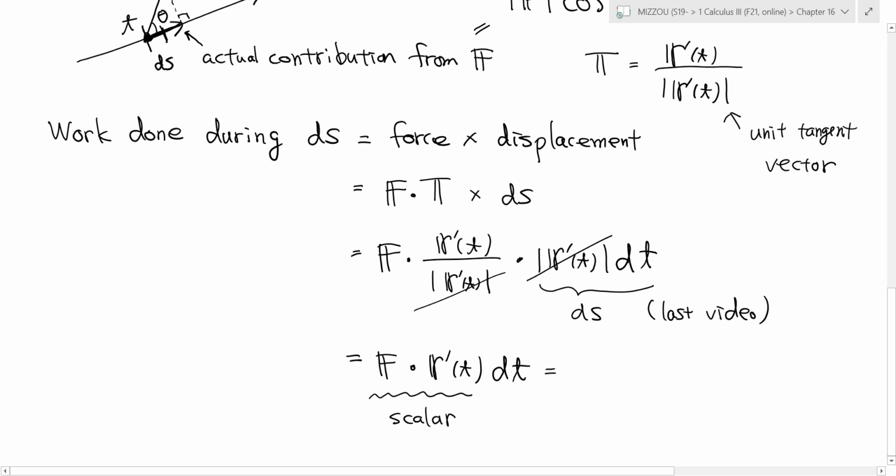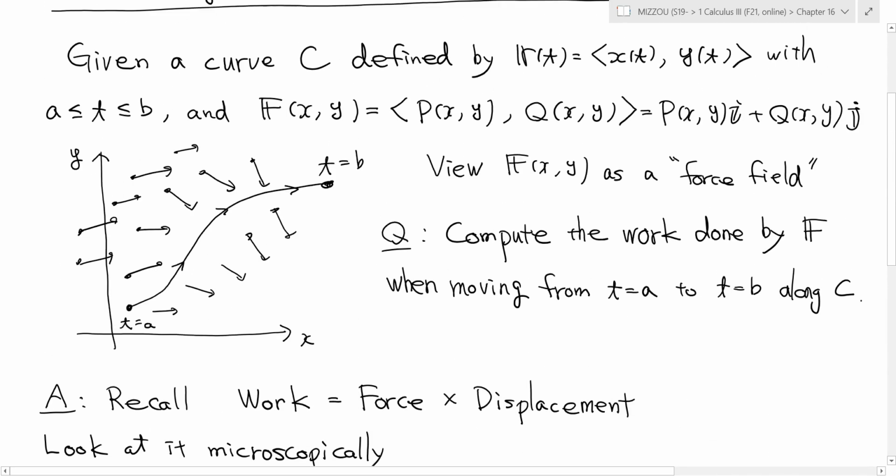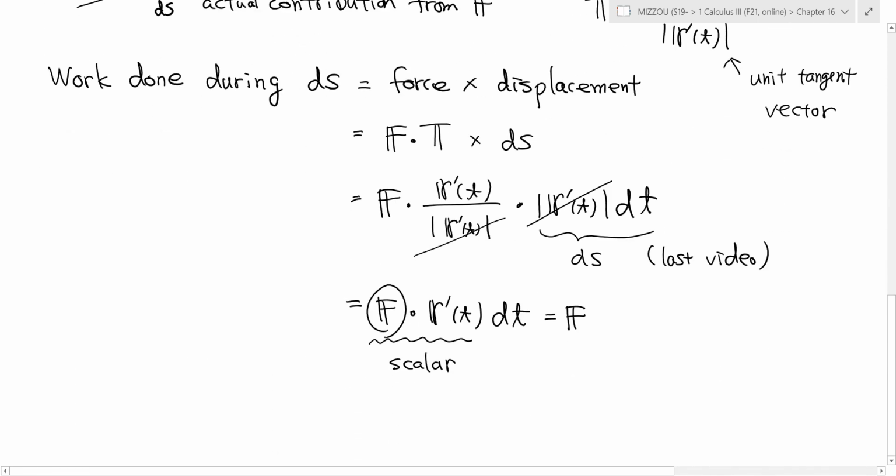But strictly speaking, we are looking at the force at each point xy, where xy is parameterized by a curve. So what you do is plug in the parameterization to the vector field: this F means F of r of t, and then dot r prime of t dt.